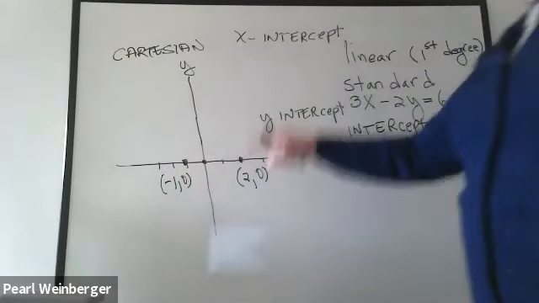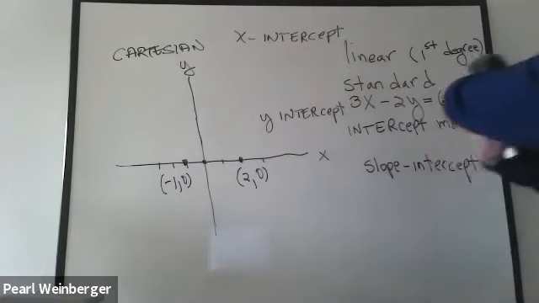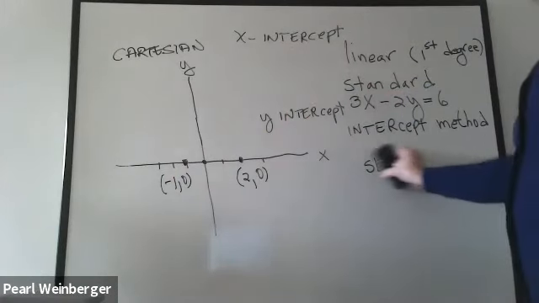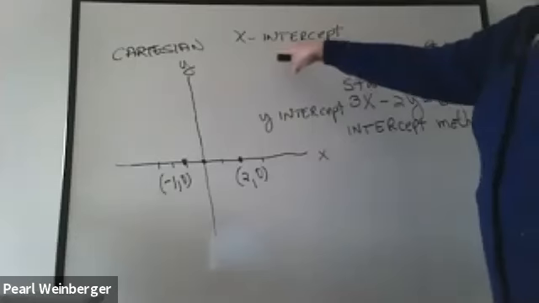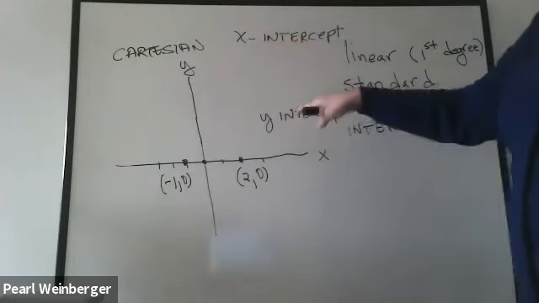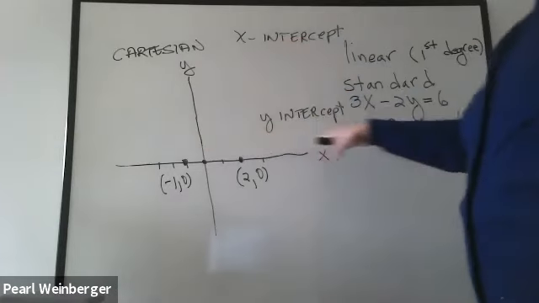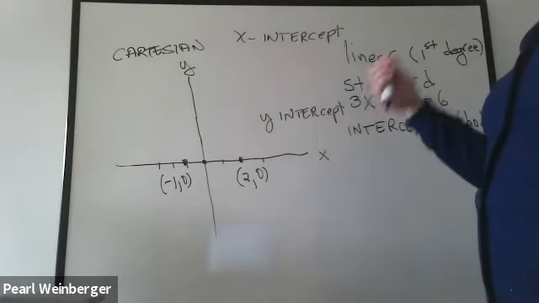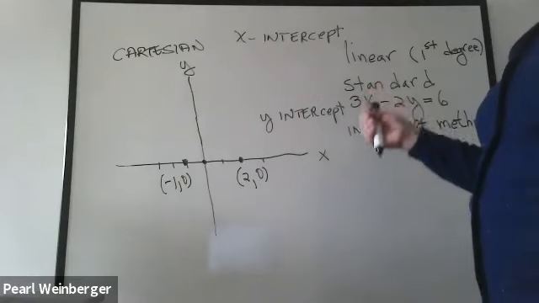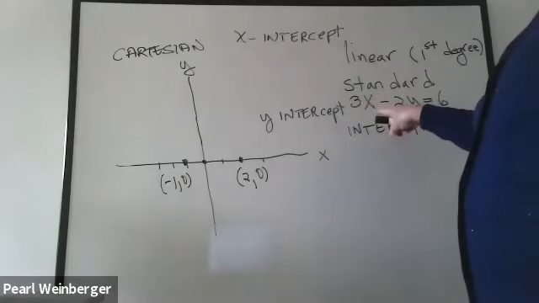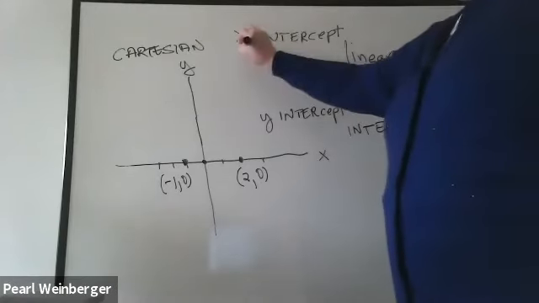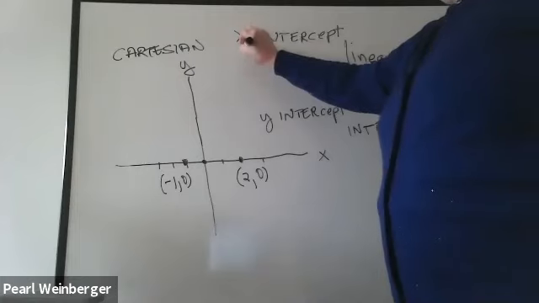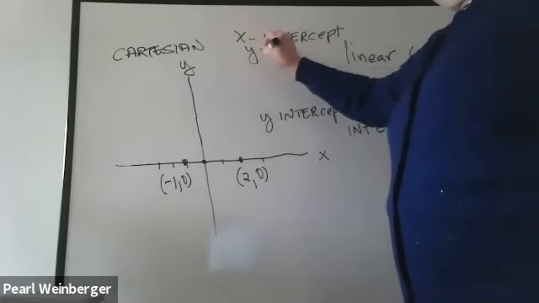In other words, in order to have a point on the x-axis, the y value has to be equal to 0. So what I do in my equation, to find the x-intercept, I set y equal to 0.